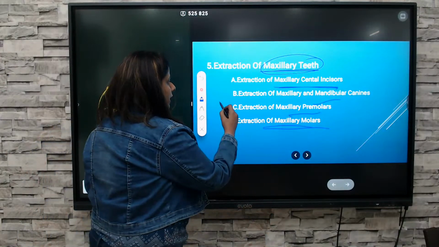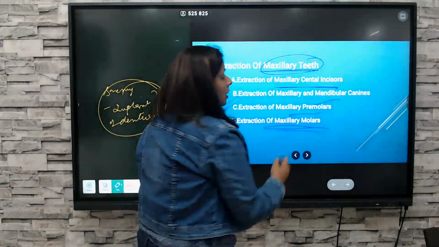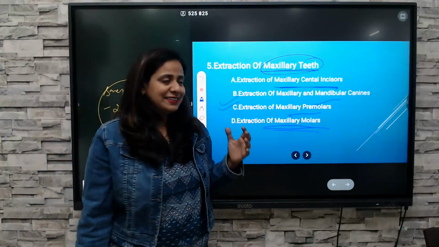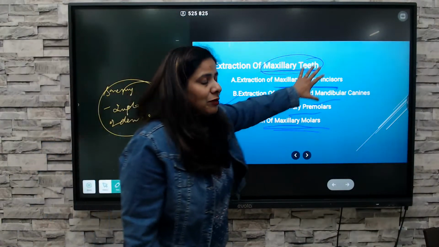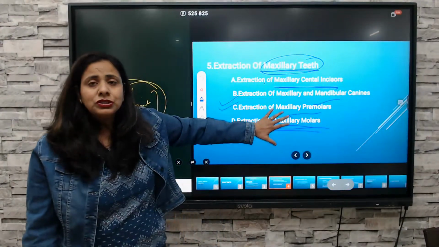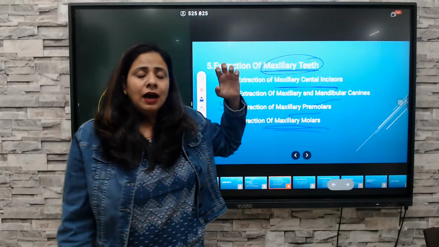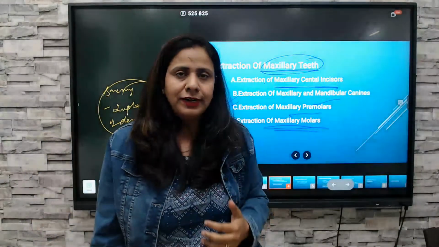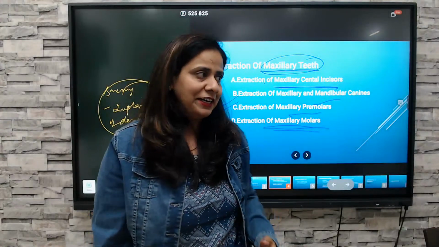We are going to study everything in detail along with my practical experiences. So this is everything about maxillary teeth. In these videos, I will make sure that after watching them, if you go to your clinic, you are very confident about extracting the maxillary teeth.